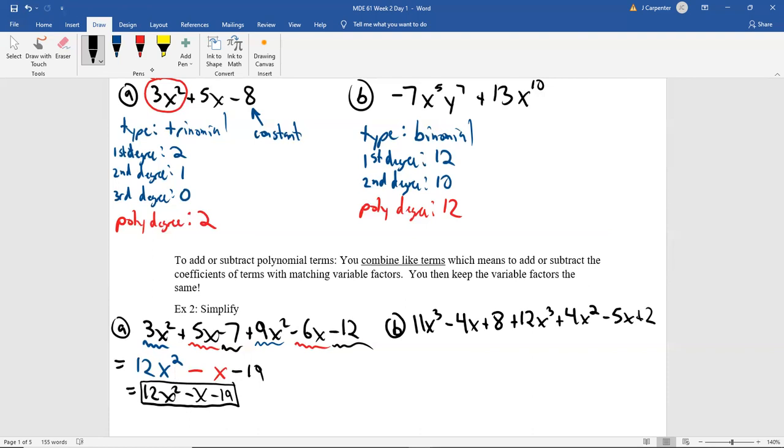Spoilers, not everything's going to have a like term, but that's okay. Just means less work, more dragging things to the answer.